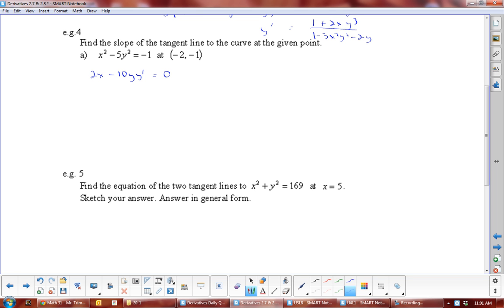Good. Derivative of negative 1 is 0. Okay. So now we have negative 10y y prime equals negative 2x. You can divide the negatives out too, and you'd get y prime equals 2x over 10y, which would equal x over 5y.